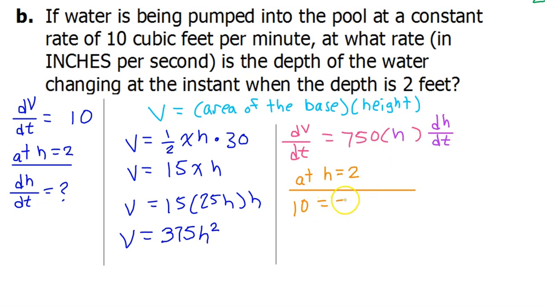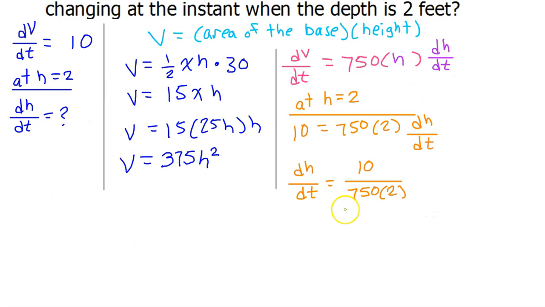And then we have 750 times 2 times dh/dt. Dividing both sides by 750 times 2, to be clear, we could slap some units on here and be done. But when you divide by 10, it's going to cancel out this 0.